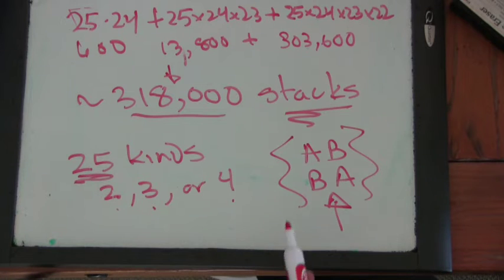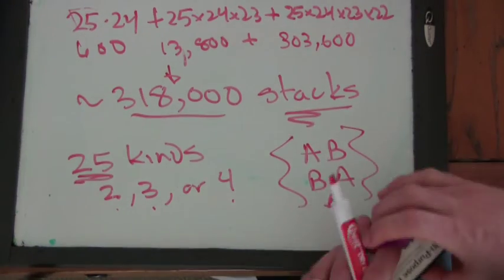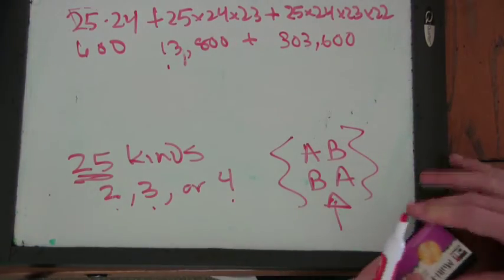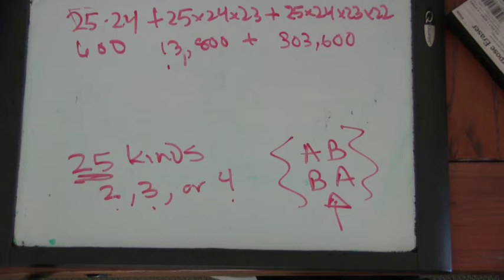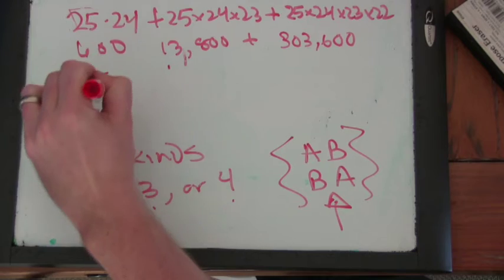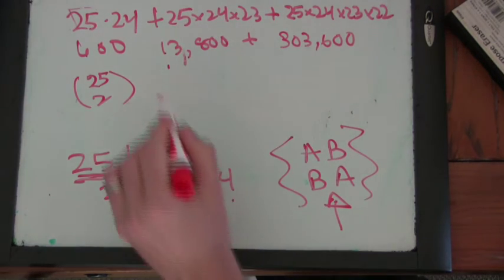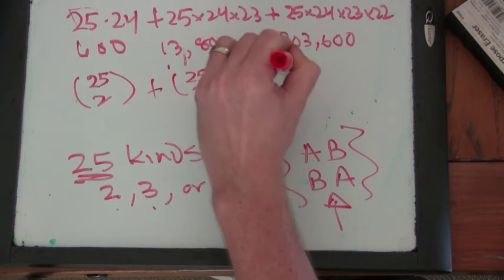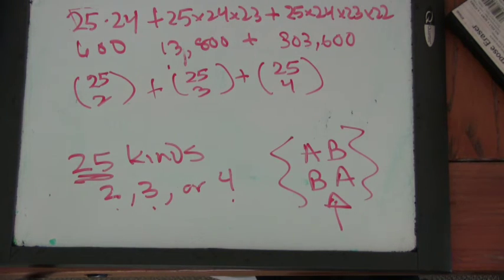Just for some interesting math, what if these were the same? How many stacks of 2 would there be? It would be 25 choose 2. So here would be 25 choose 2, 25 choose 3, and 25 choose 4. 25 choose 2 is 25 times 24 divided by 2, so that's 300.